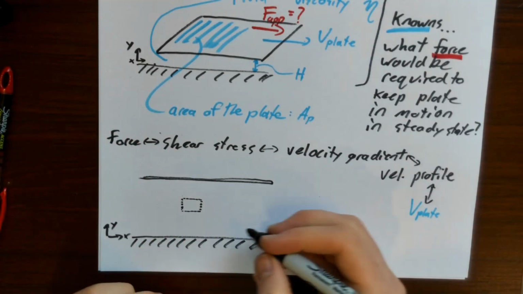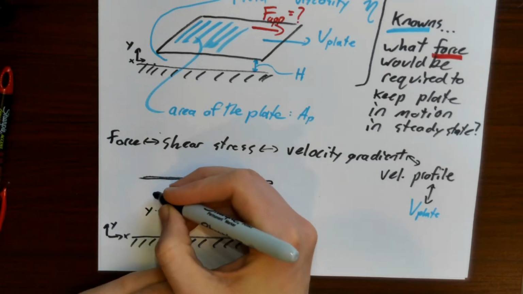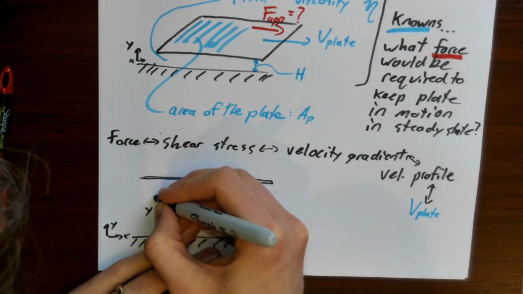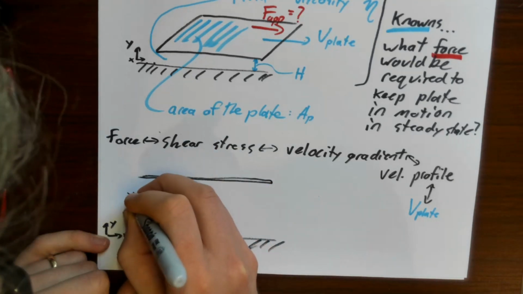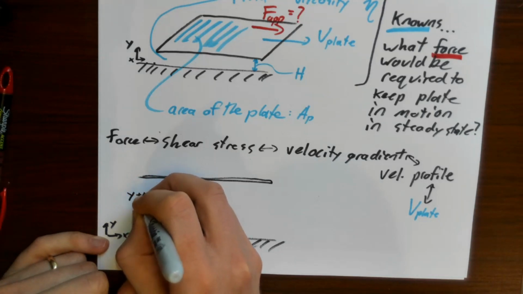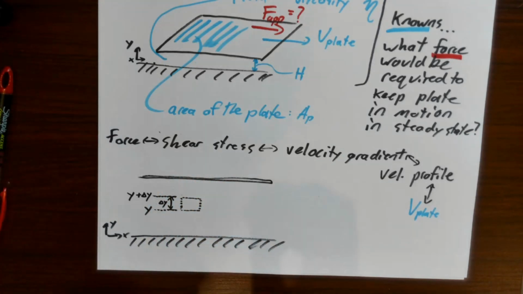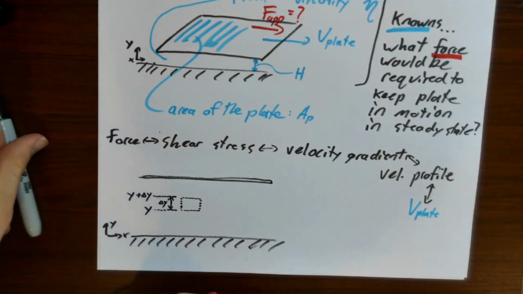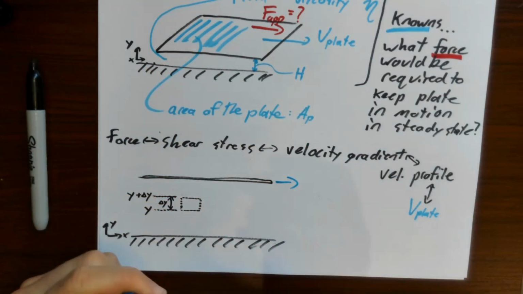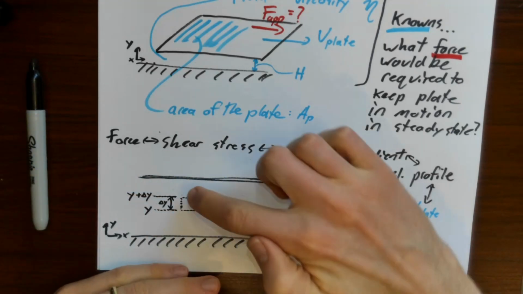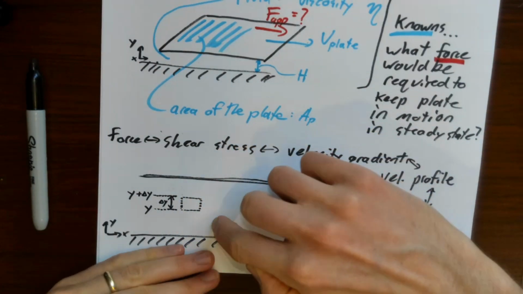Now we can imagine, let's say this point of the fluid is at point y, and a point on the top of this little chunk of fluid would be at a height y plus delta y, if they're separated by a distance delta y. And if I'm moving this plate over here with some velocity, I'm trying to drag the top of the fluid this way, and the bottom of the fluid this way.